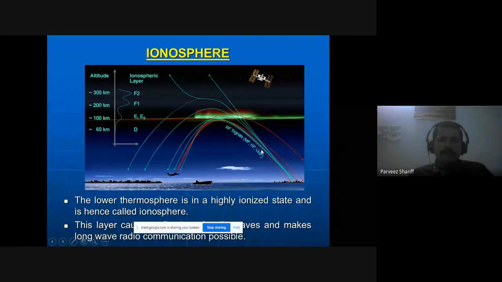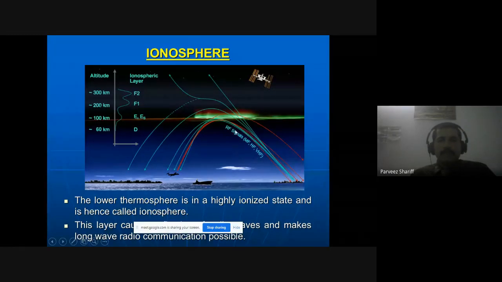So what happens when radio waves are transmitted? When the long waves are transmitted, they get reflected from this ionosphere and reach another part on the surface or in the air. And a few, even very low frequencies, will pass through this ionization layer and travel into space.